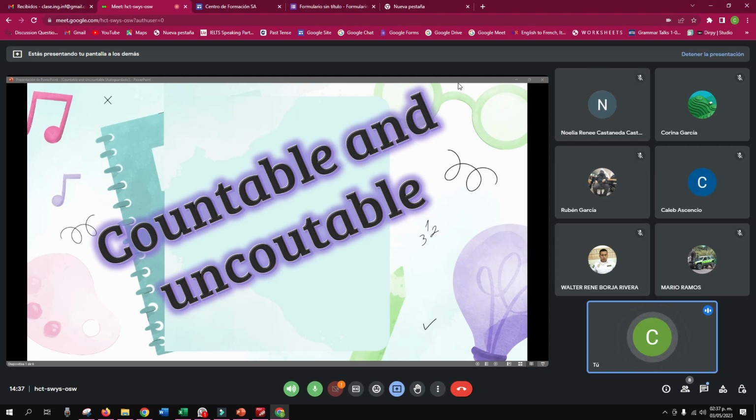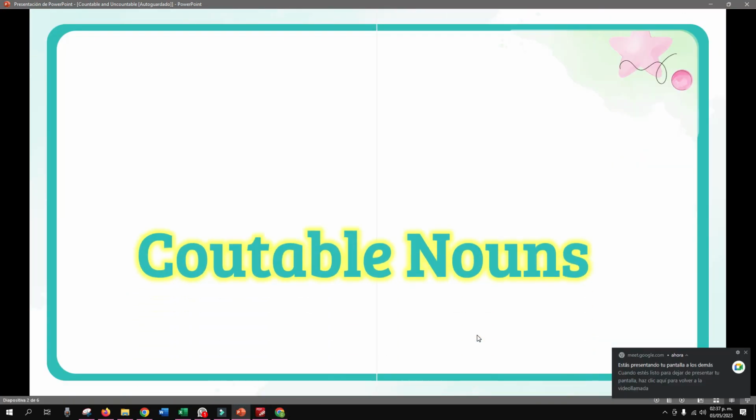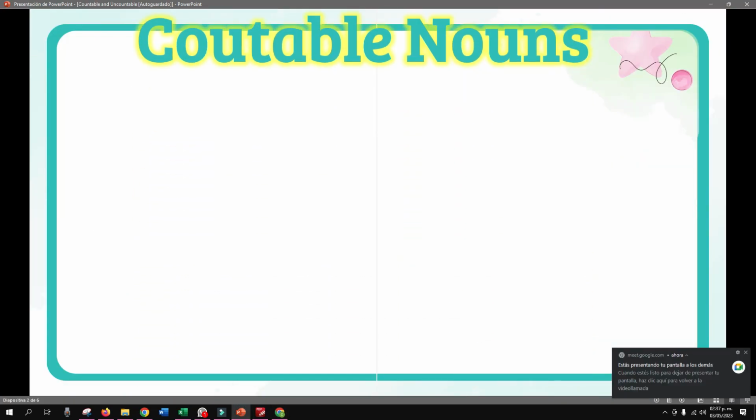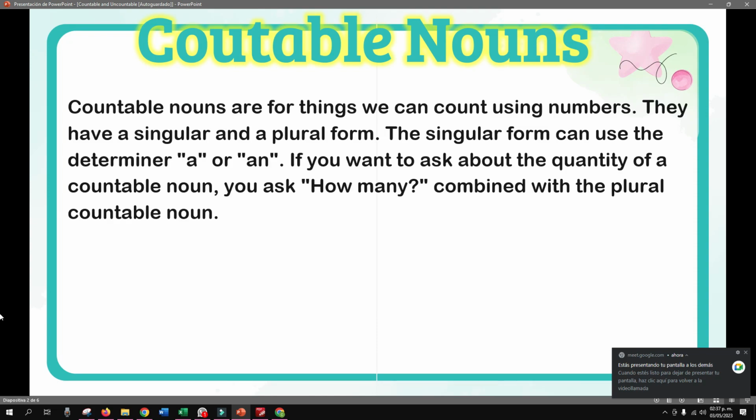So let's start with these ones, right? You have countable nouns. Countable nouns are for things we can count using numbers. They have a singular and a plural form. The singular form can use the determiner a or an.